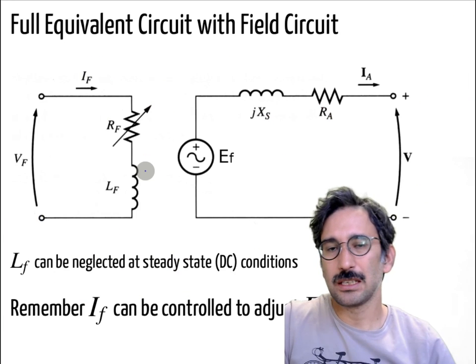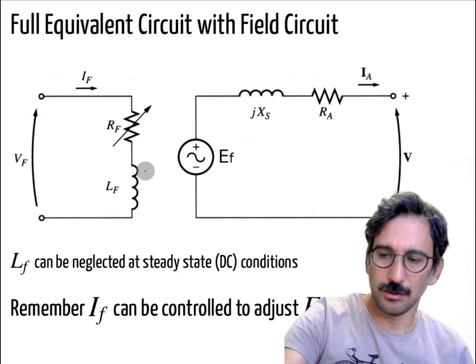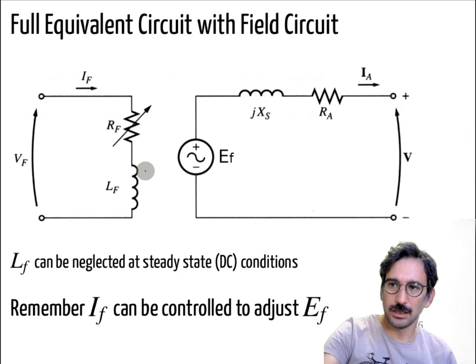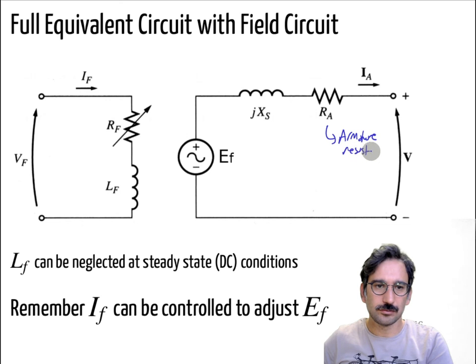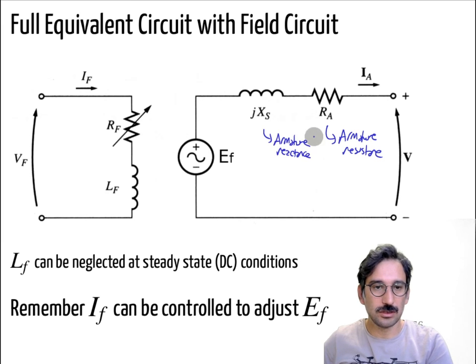Again we just talk about the simple model here, but the full model is like that. So this is the armature resistance, and this is the armature reactance, or the total stator reactance.